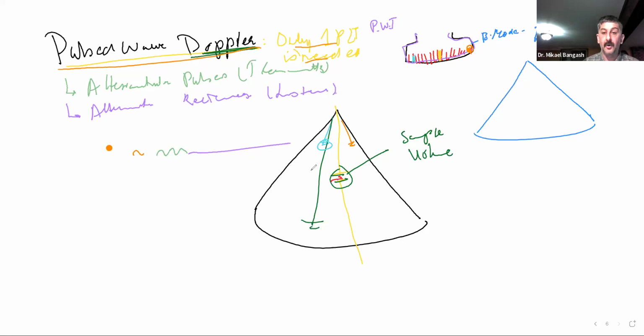If you want to, you can move it all around your image. You can keep it at shallow depths, you can keep it at greater depths, you can even move it down to greater depths. You can move it right, you can move it left.